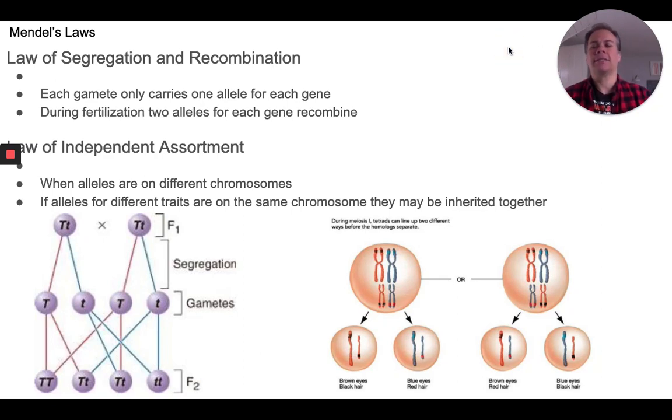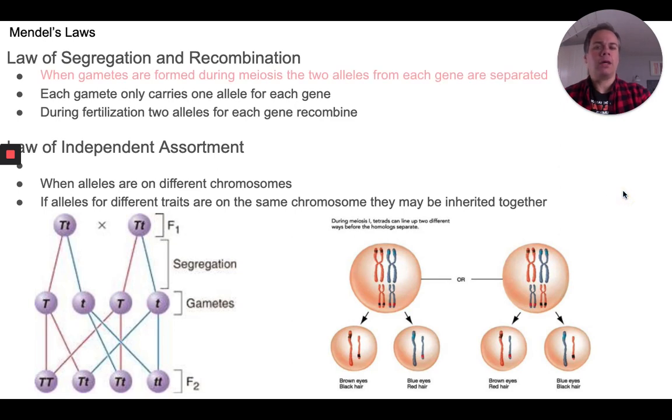This law says that when the chromosomes are separating in meiosis, the two different alleles separate from each other and end up in different gametes. So we just covered meiosis. So we know in meiosis, homologous chromosomes align themselves during the first division with their homologous partners.